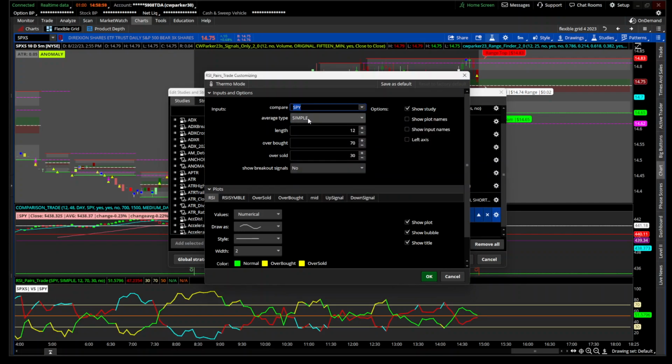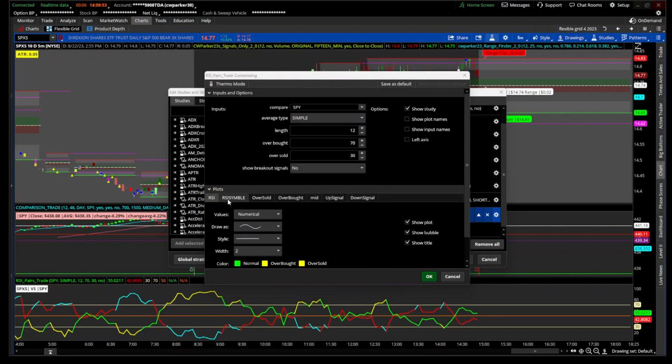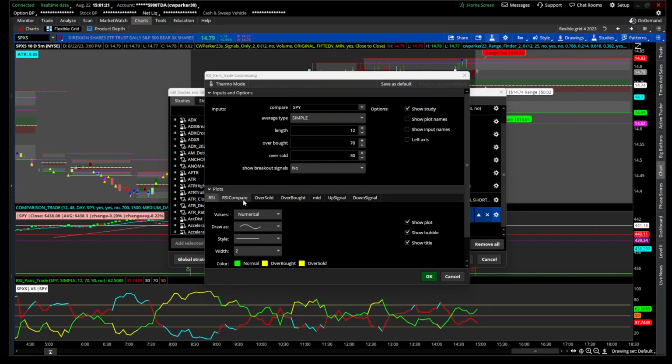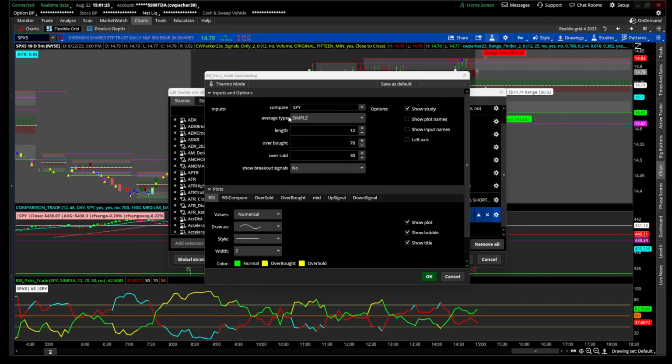You have your average, whatever you want to change that to, your length, your overbought, oversold, show breakout signals, and your RSI symbol. I changed that to RSI compare, but this is the gist of the indicator.